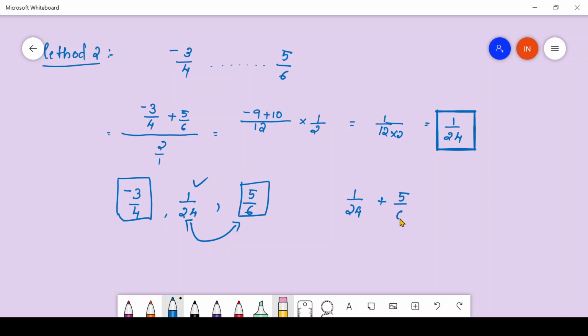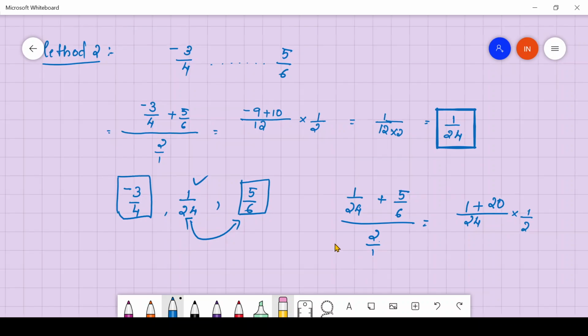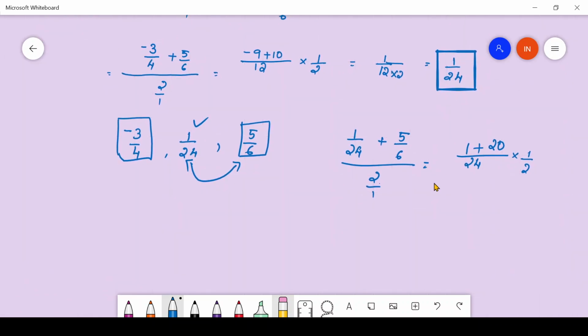So 1 by 24 plus 5 by 6, divided by 2. 2 means 2 by 1, you have to understand that. The LCM of 24 and 6 is 24 itself. Now the numerator will be 1 plus 20. And the 2 by 1 will become 1 by 2, because here division is transformed to multiplication. So that is equal to 21 by 24 multiplied with 1 by 2. What will be the answer over here?